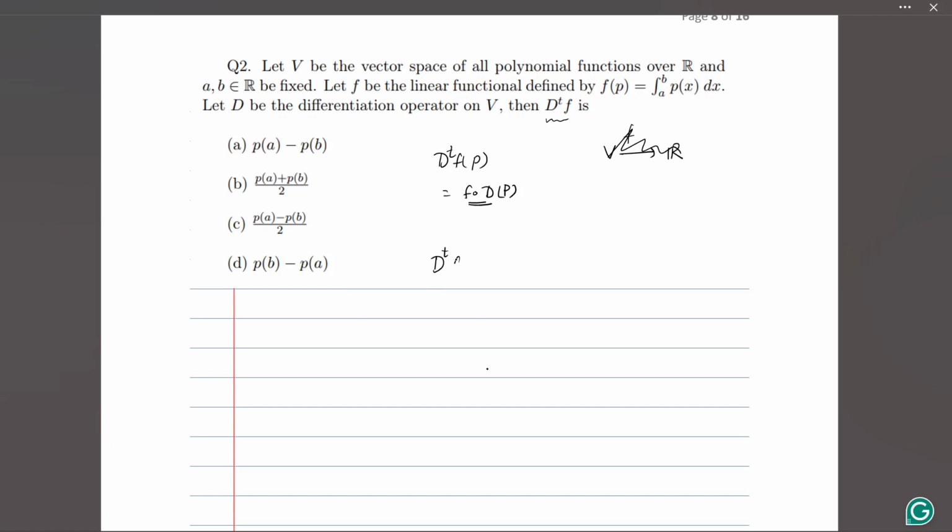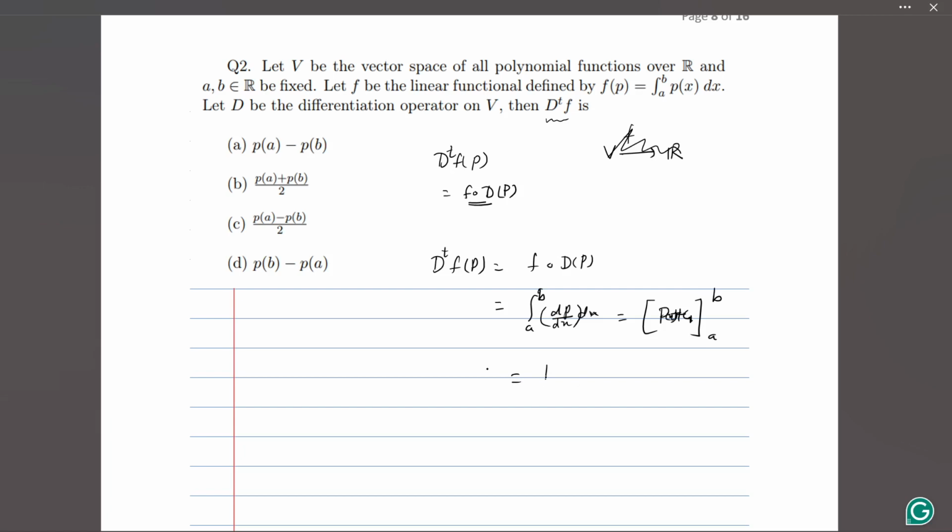Then D transpose F of P is equal to F of dP, and this is nothing but the integral from a to b of dP by dx. This is just P. The integral will come out as P plus some constant C, and then the limit from a to b.